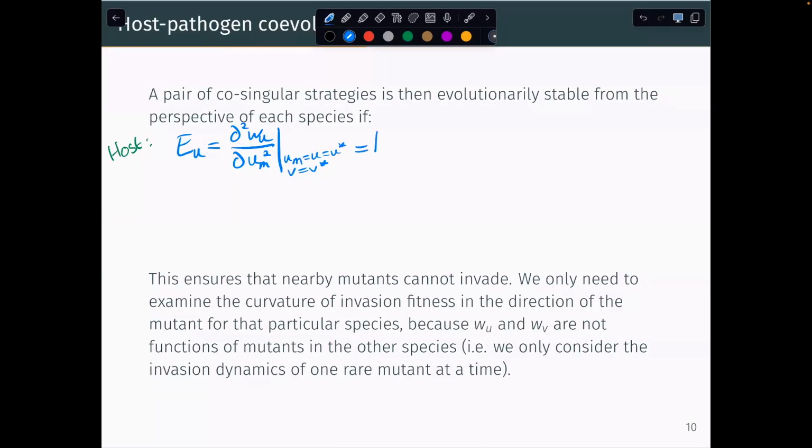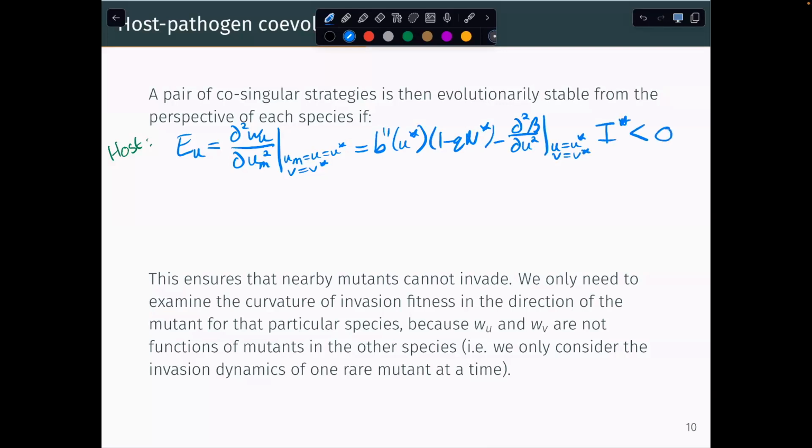So in our model, we have beta double prime of U star times 1 minus Q n star, minus the second partial derivative of beta with respect to U. Again, this is evaluated at U star, V star, and it's multiplied by I star because that's just a coefficient here.